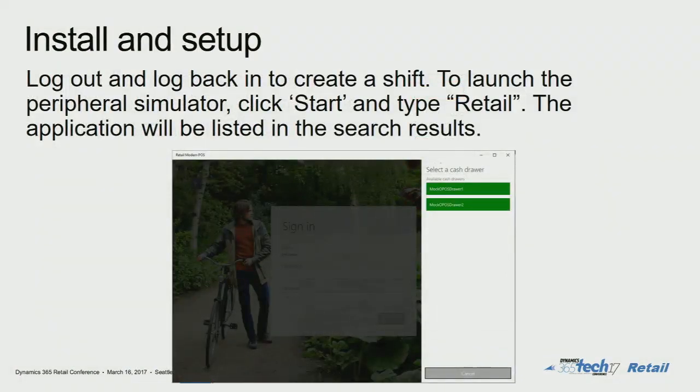So when you log into point of sale, select non-drawer mode, and then go turn on your hardware station, and then log back out, log in, and select create a new shift. And here you'll be presented with your cash drawers that are set up as simulated cash drawers for the mock point of sale peripherals, and that's kind of the setup for POS simulator.